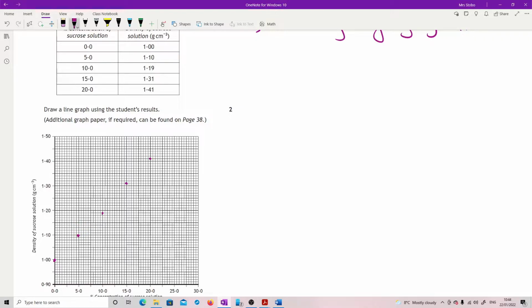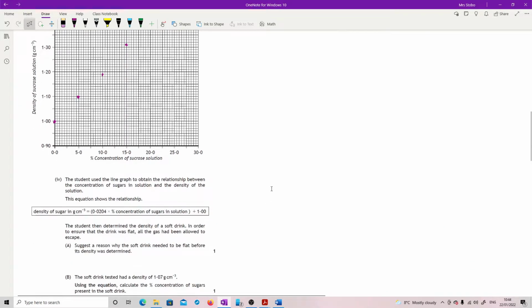This is going to give us a very nice straight line, which you're going to connect up, and that's your 2 points, one for the plot and one for the join. They allow you half a box tolerance, so if your line is within half a box of where it should be, then it's okay. But those are bang on cross points, so there's no reason to get that wrong.